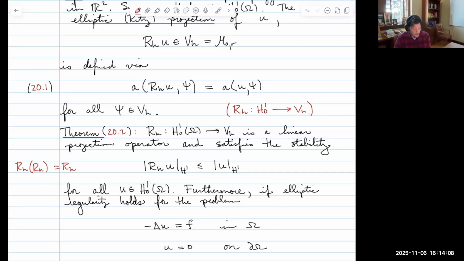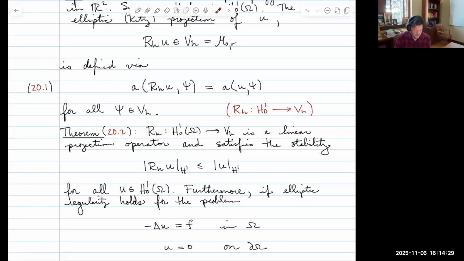In other words, R_h squared is equal to R_h. It's linear because I am defining it through a linear process, and it satisfies a stability condition, namely that the H1 seminorm of R_h u is less than or equal to the H1 seminorm of u.